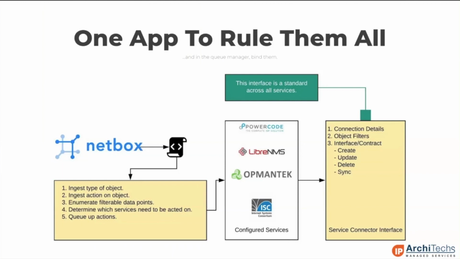So we have NetBox, it goes to our app. The app figures out who needs to be notified about this. And because they're all written the same way, we don't really care. It just happens. And it's all written to a standard interface or contract.